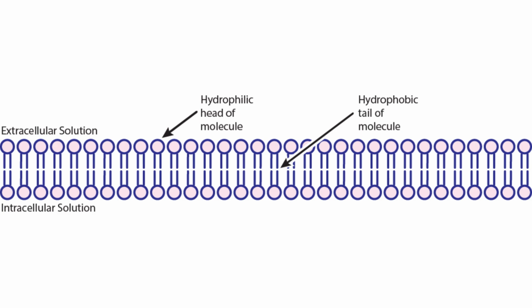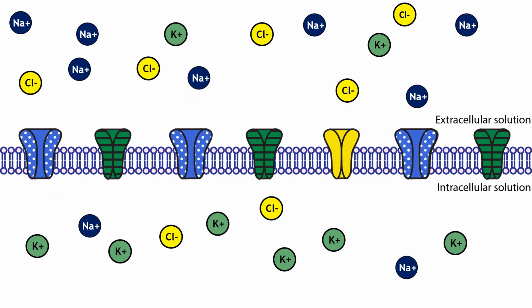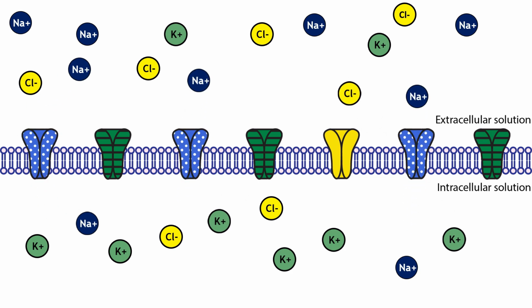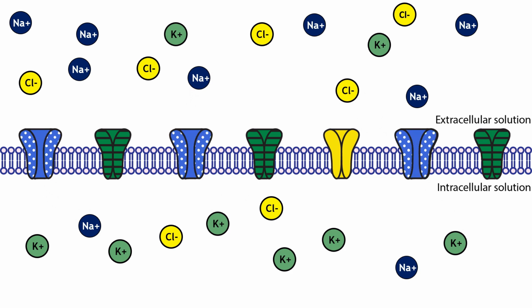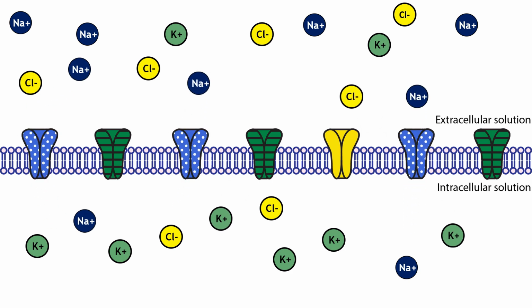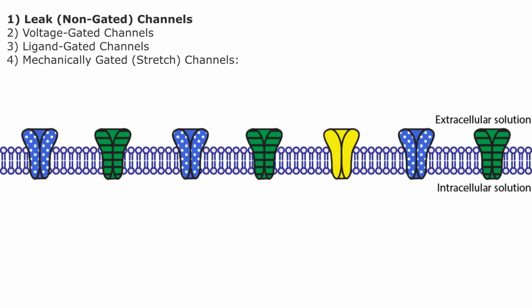Now, while this lipid bilayer itself is impermeable to ions, ion channels, specialized protein structures, are embedded within the membrane. And these channels form pores that allow specific ions to move across the membrane when they open. There's a few types of ion channels, first of which we'll talk about are the leak or non-gated channels.